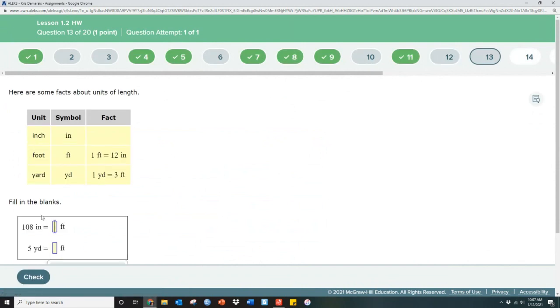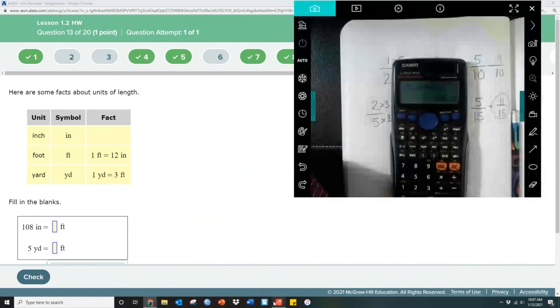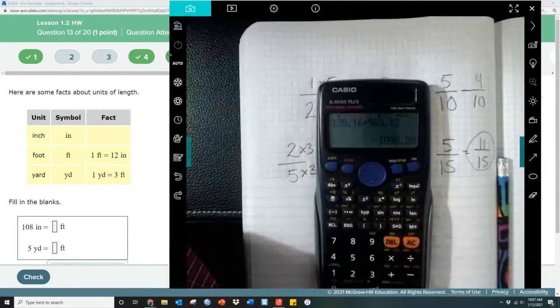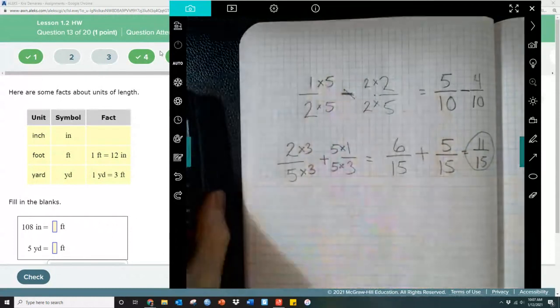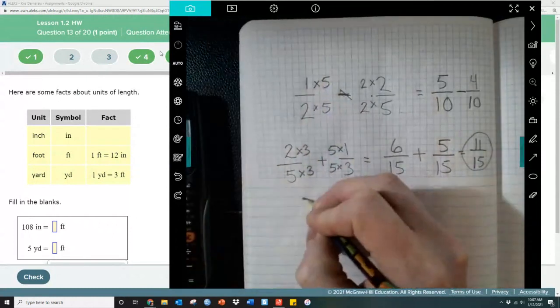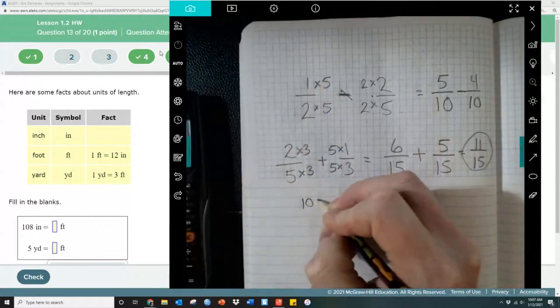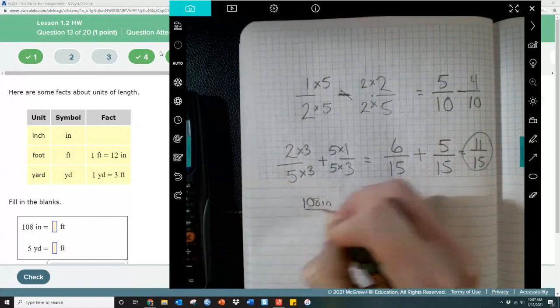Now, with this right here, you're saying we're converting from, this is fill in the blanks, 108 inches into feet. Well, if you have 12 inches in a foot, right, then what we have to do is understand, and I'm going to show you the way to do this from the very beginning, I put 108 over 1.